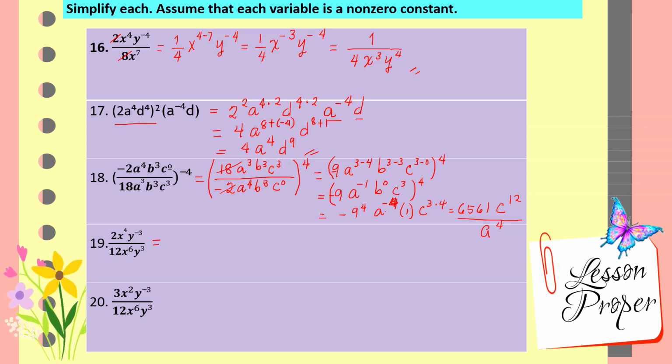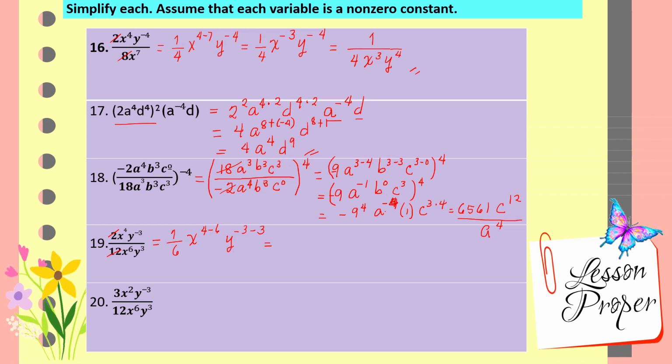Next, for number 19, 2 and 12 is divisible by 2. So, 2 divided by 2 is 1 and 12 divided by 2 is 6. And then, x raised to the 4 minus 6 and y raised to the negative 3 minus 3.